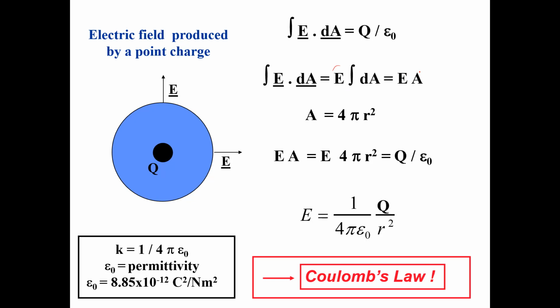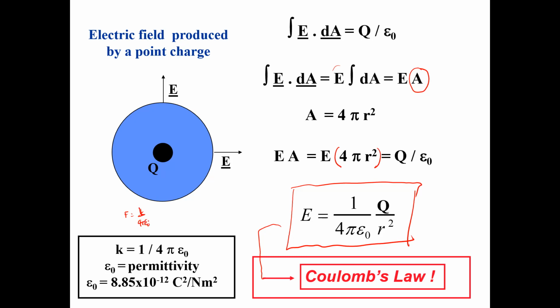Now, we have shown earlier that the surface area of a sphere is equal to 4 pi r squared. So you have E multiplied by 4 pi r squared is equal to Q over epsilon naught. So the electric field is equal to 1 over 4 pi epsilon naught Q over r squared. Okay? So we have obtained this one using Coulomb's law. Didn't we start with F is equal to k, or 1 over 4 pi epsilon naught, Q1 Q2 over r squared?